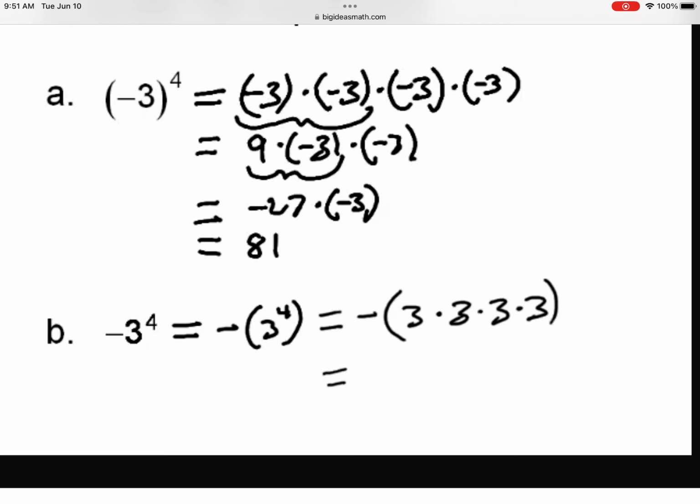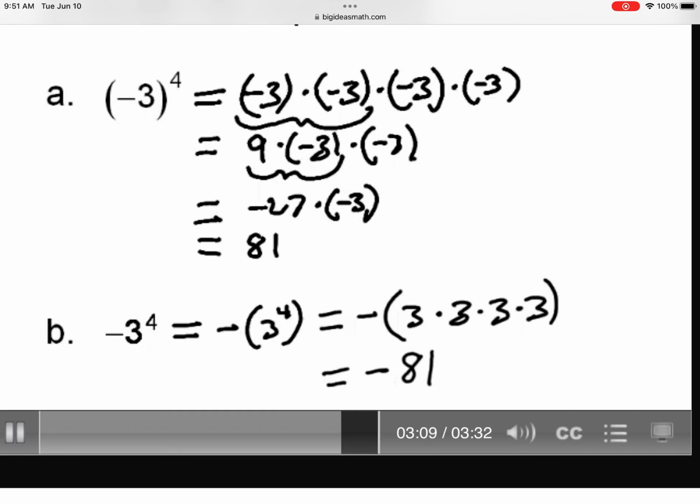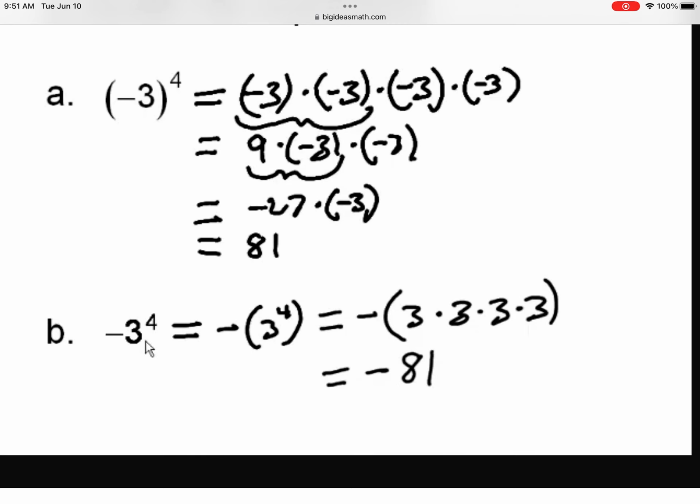So then we still have the negative sign. I think we can do this one in our head. 3 times 3 is 9, times 3 is 27, times 3 is 81. So the product is 81, and then the whole answer is negative 81. So the value of the power negative 3 to the fourth is negative 81.